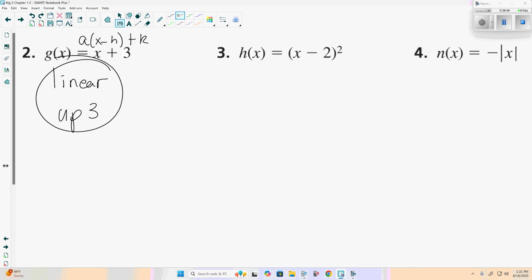The quantity x minus 2 squared. What parent function would it go with? Quadratic. There is no k.